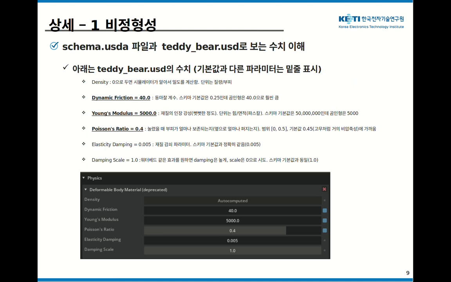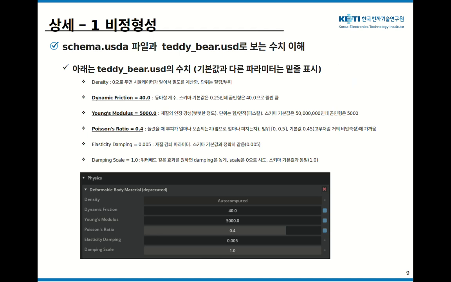Young's modulus is 5000. It is the tensile stiffness of the material. The schema default is very big, but the teddy bear is 5000. Poisson's ratio is 0.4. It is how much volume is kept when pressed.